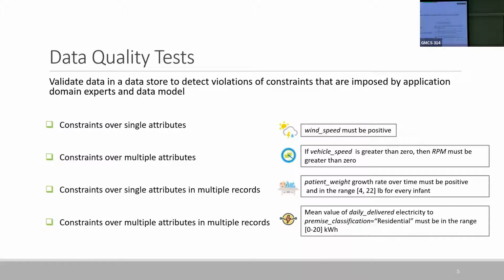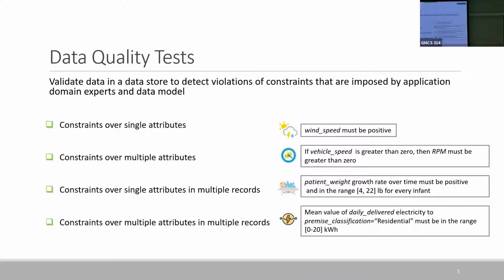Now let's talk about the data quality test. Data quality tests in general validate data that is stored in any of the storages, to check the data against some rules. These rules are called constraints, and those constraints are typically imposed by the domain expert or the data model that is used to describe the data.